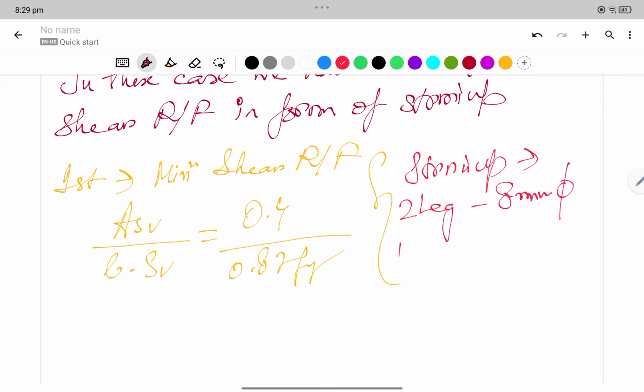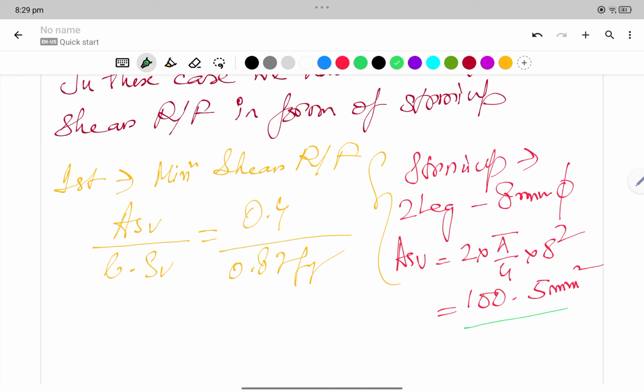So the Asv is calculated as 2 into pi by 4 into 8 square, so it is coming to 100.5 mm square. If nothing is given, you can remember it, we have to take 100.5.